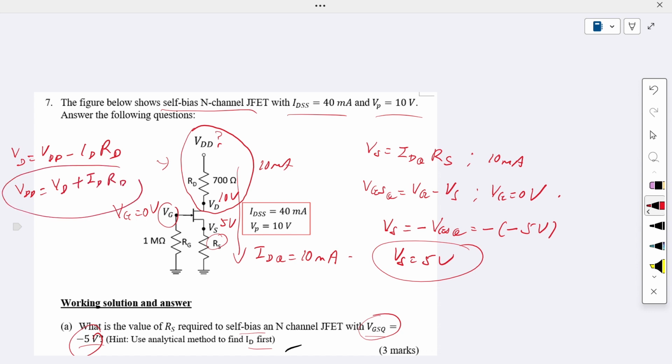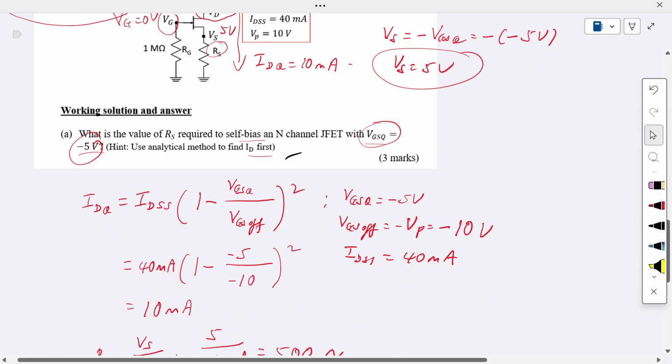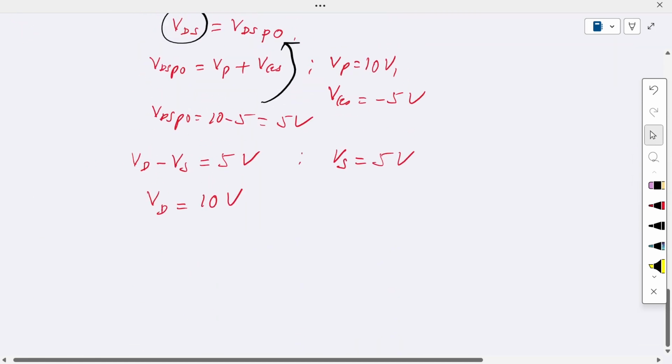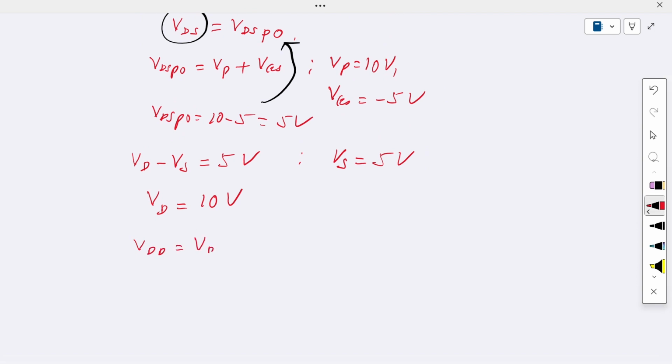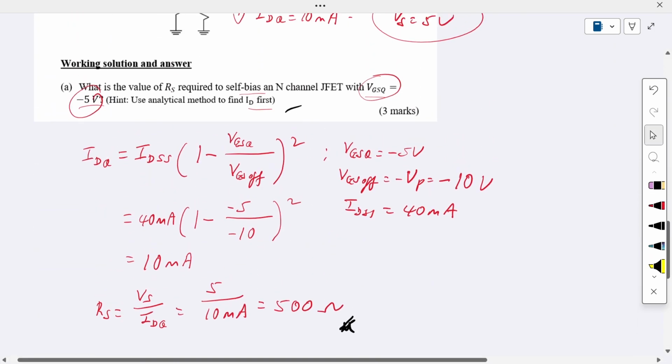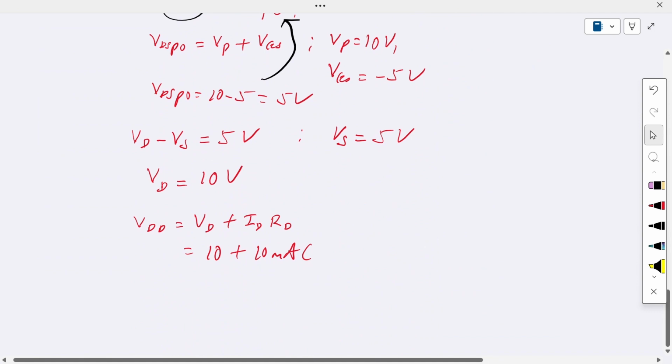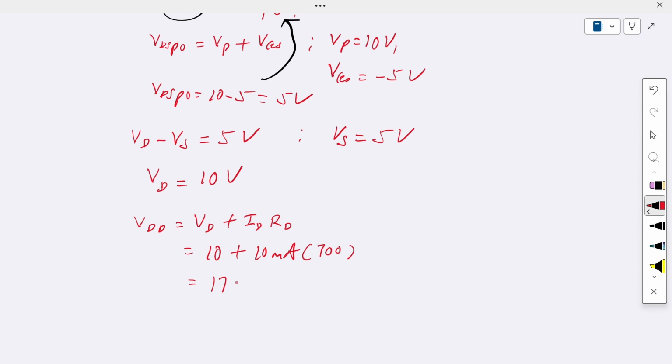Now we know VD is 10 volt and ID is 10 milliampere, and RD in our case is 700 ohm. Calculate this, we get 17 volt. So with a supply voltage of 17 volt, we put the JFET at the edge of the ohmic region.